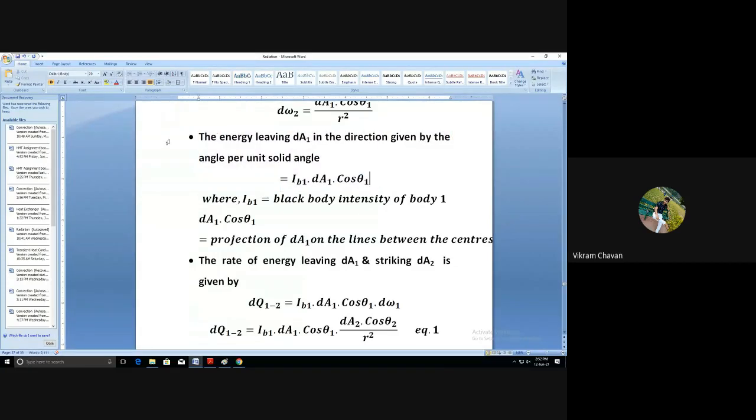Write down the energy leaving dA1 in the direction given by the angle per unit solid angle, which is equal to IB1 multiplied by dA1 multiplied by cos theta 1.